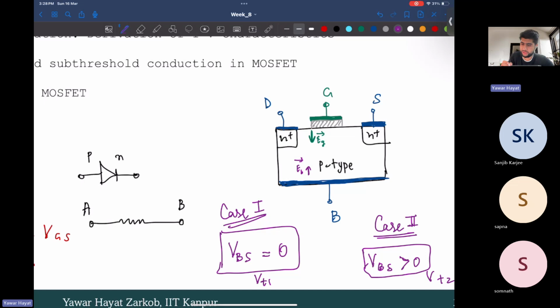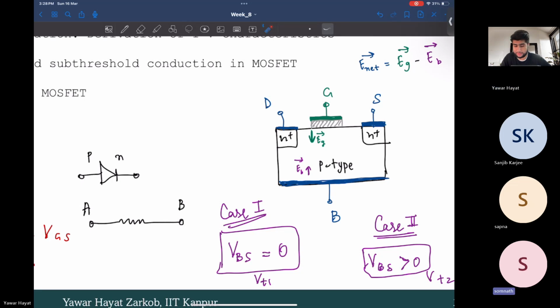What is the net electric field? Sir, EG minus EB, right? Yes.